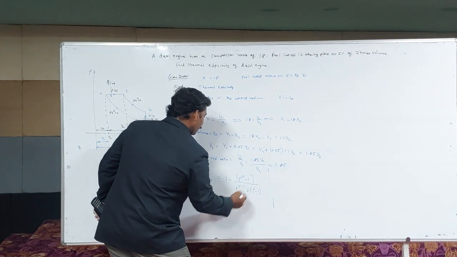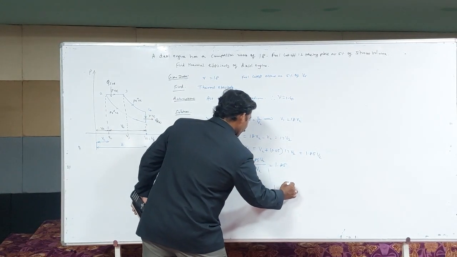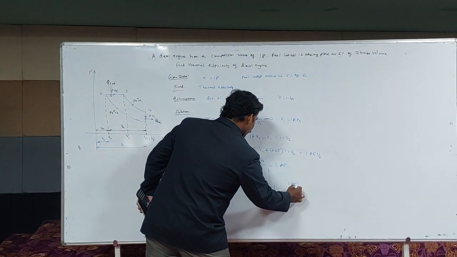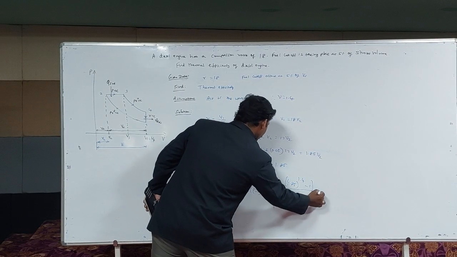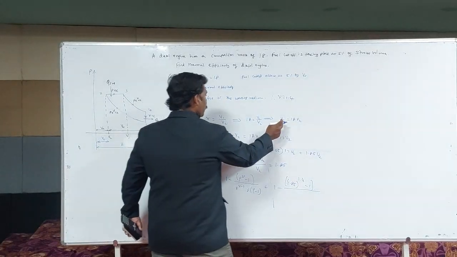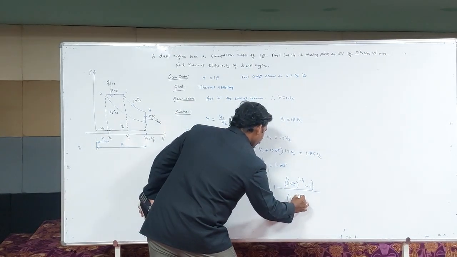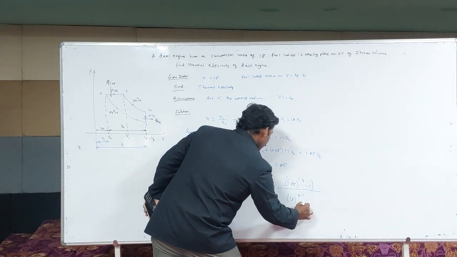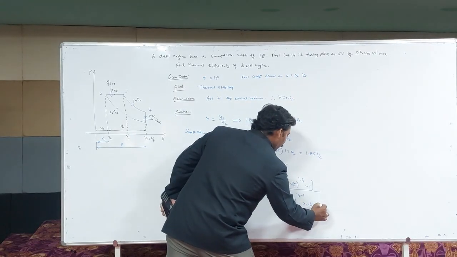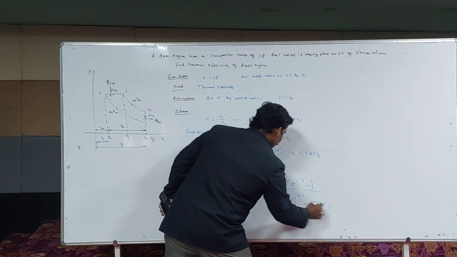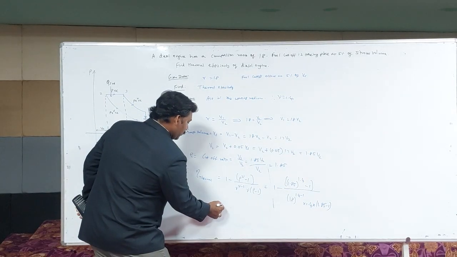So substituting the values we know: 1 minus 1.85 power 1.4 minus 1 divided by r, where r is 18, so 18 power 1.4 minus 1, into 1.4 into rho minus 1, therefore 1.85 minus 1.